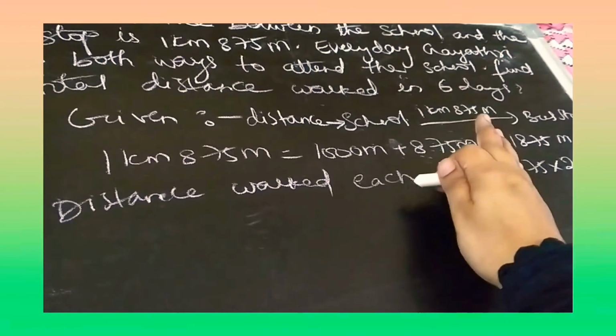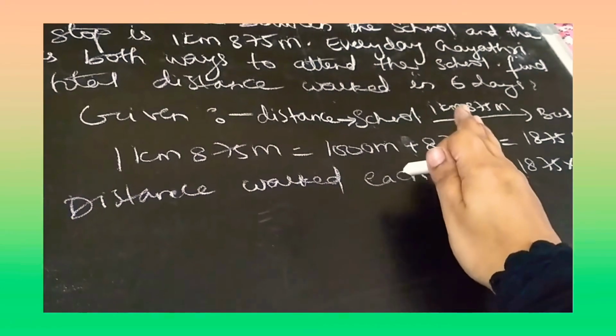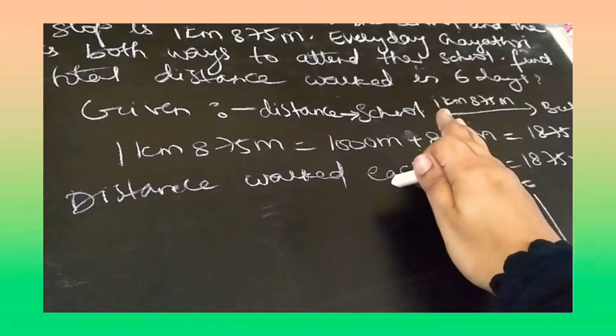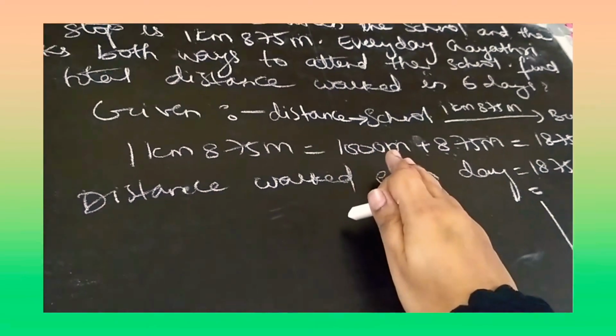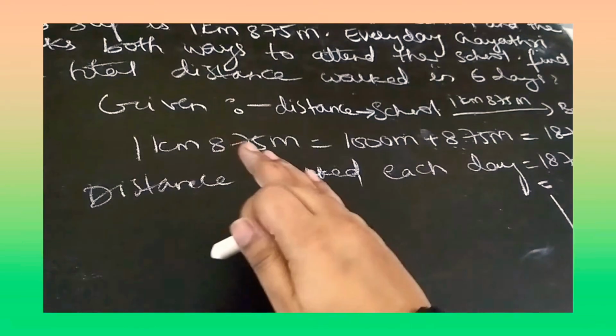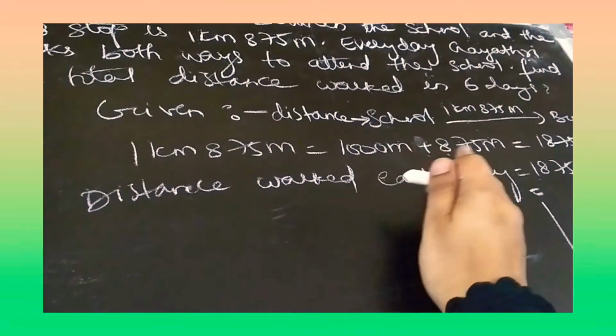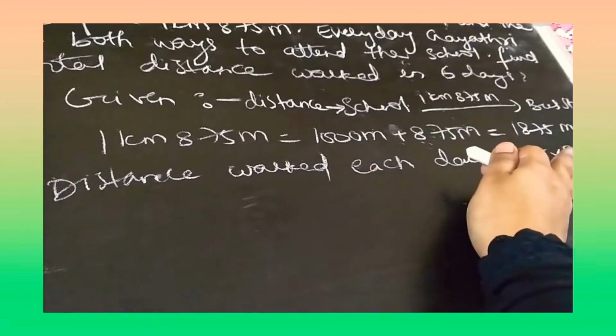It is 1 kilometer 875 meters. 1 kilometer means you have to convert this again into meters. Again you have to take 1000 meters. 1 kilometer is 1000 meters. So 1 kilometer 875 meters means 1000 meters plus 875 meters. It is 1875 meters.